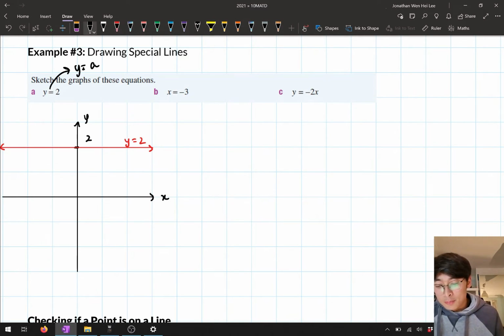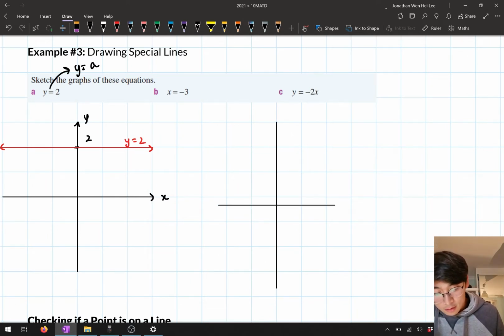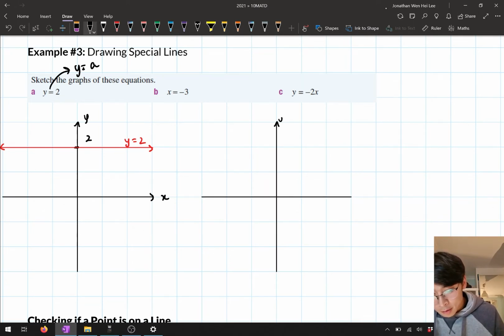Now the next one is x is equal to negative 3. So I'm going to once again get a Cartesian plane up. And here I'm just going to draw out y, x. And once again, I'm just going to find where x is equal to negative 3 on my Cartesian plane. Now, x is equal to negative 3 is on the x-axis, and it's going to be at negative 3. So I'm going to go all the way out here to negative 3.